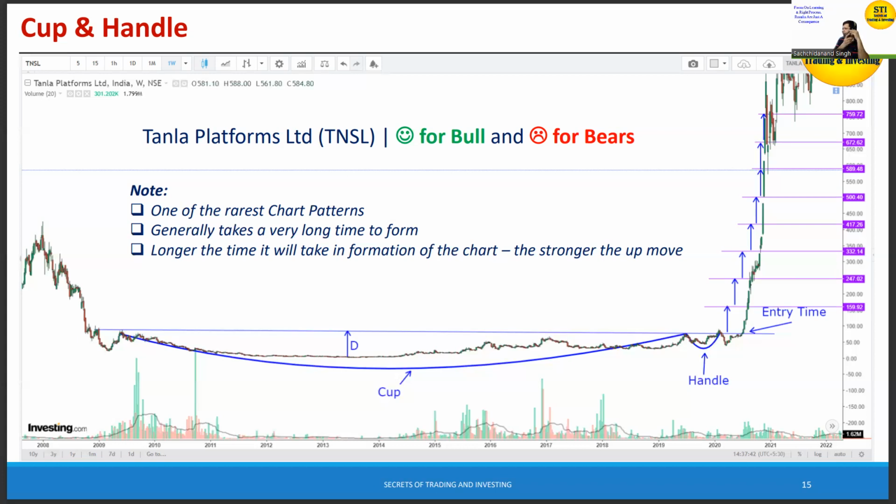Okay. So even though it takes a very long time, when it happens, it gives you multiple targets. In some other places I have seen a minimum of five. So if you see such a formation in any stock after a long time, and the minimum duration, you should not look at a shorter period of time.